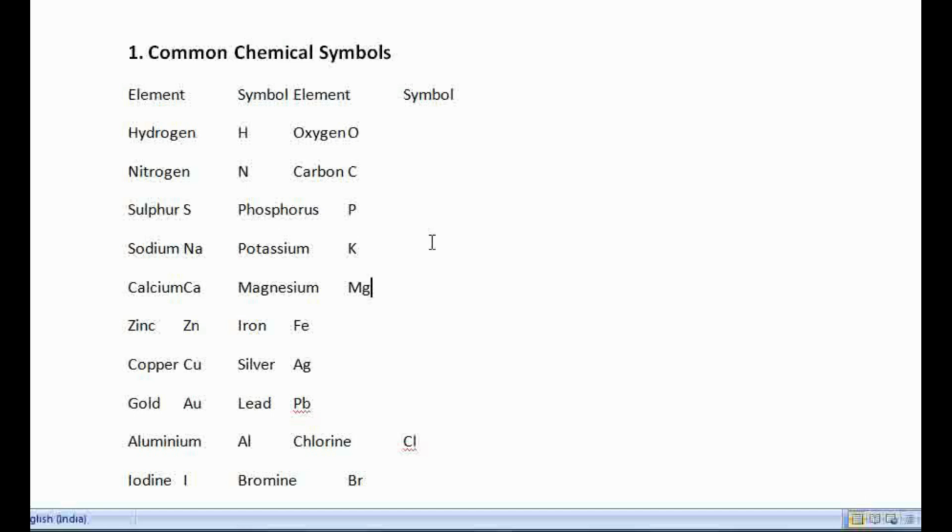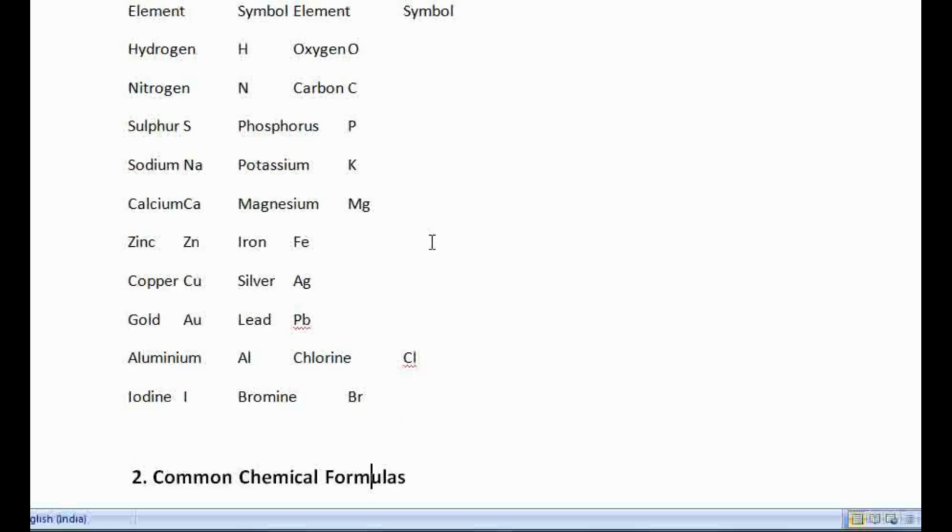Nitrogen N, carbon C, sulfur S, phosphorus P, sodium Na, potassium K, calcium Ca, magnesium Mg, zinc Zn, iron Fe, like that. Copper Cu, silver Ag, gold Au, lead Pb, aluminium Al, chlorine Cl, iodine I, bromine Br. These are very important chemical symbols. You should memorize them, don't forget.